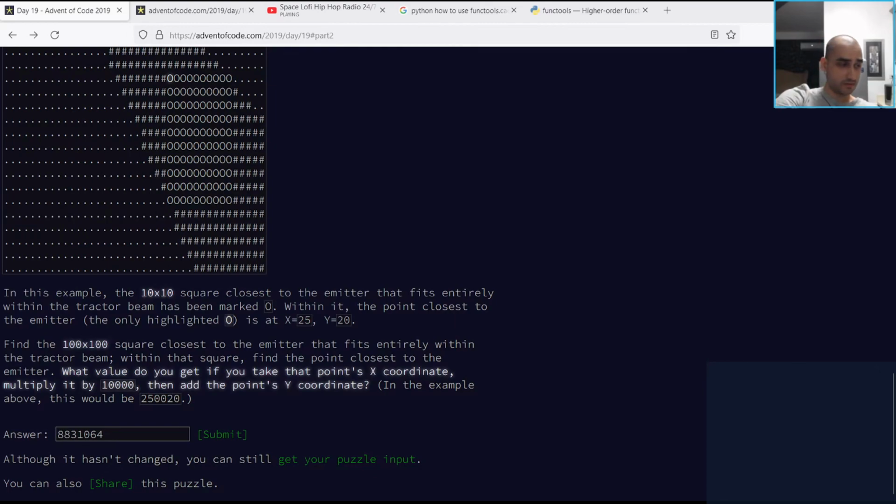Alright, I thought this was gonna be easier than what it's turned out to be, I guess. I want to see a picture of what this beam looks like, because I think the geometry is just really awkward.